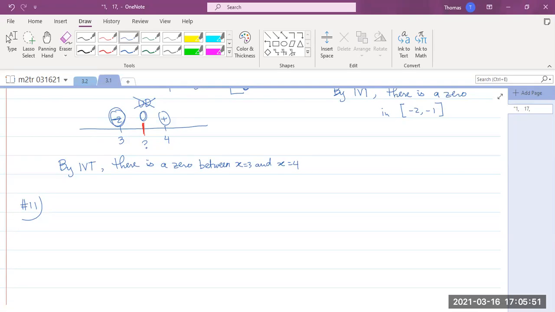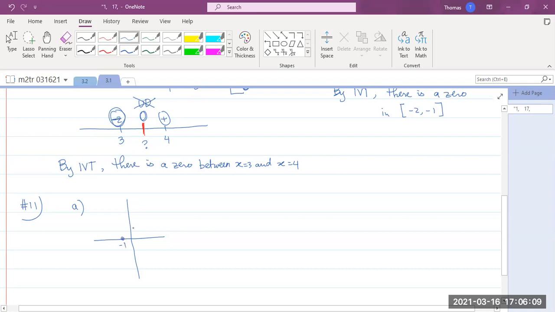Do I have the book here? I don't think so. Anyway, 11a. The graph looks like the following. It has x-intercept -1, y-intercept +2 approximately, and then x-intercepts 1, 0 and 2, 0. So it looks like this.